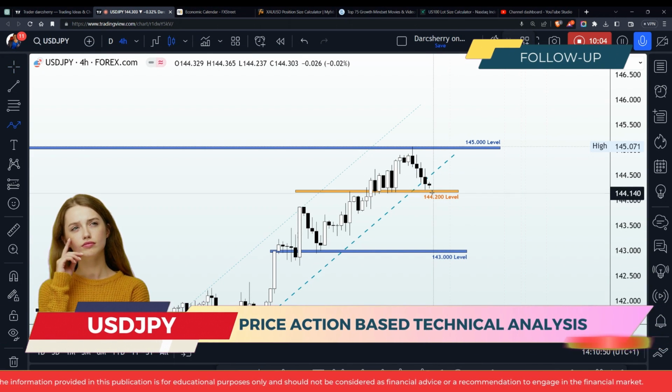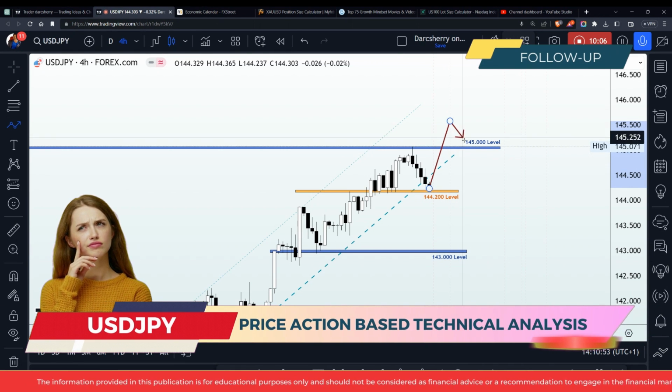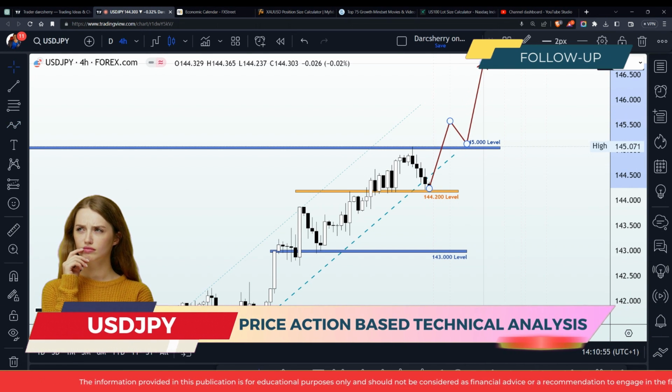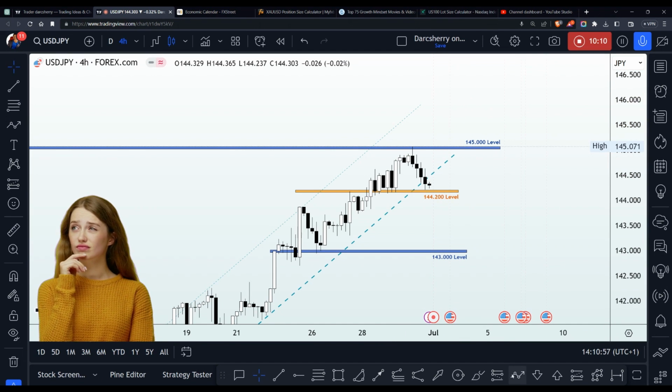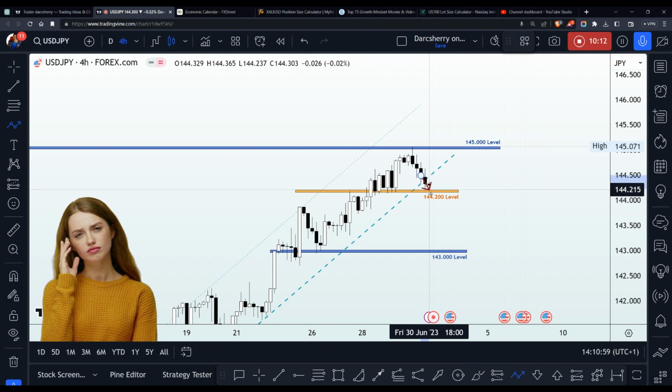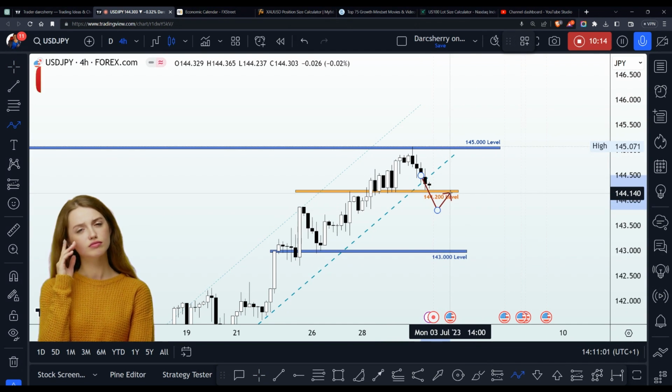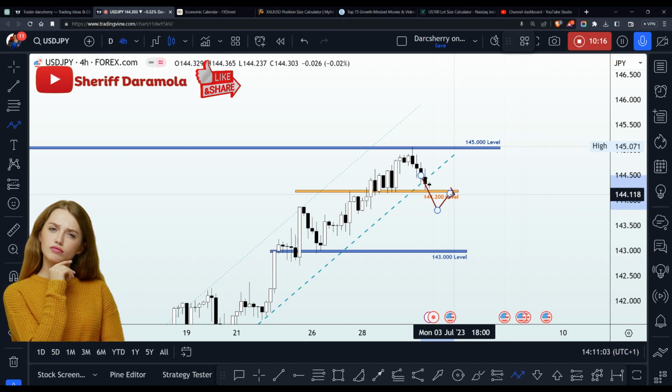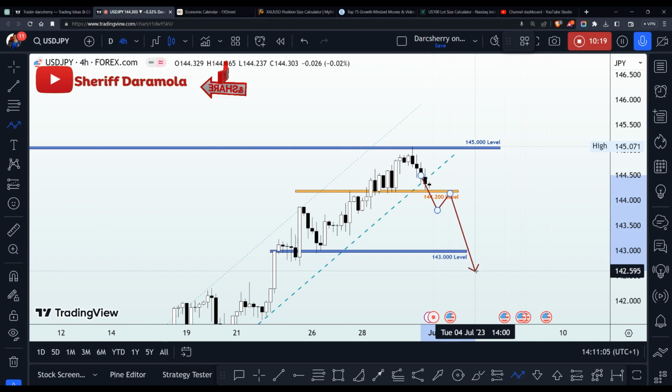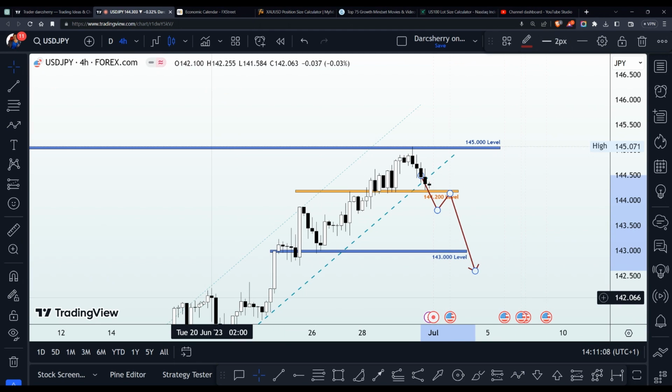So are we going to be buying? That is a breakout of the 145.00 level to join a trend continuation to the upside. Or are we going to be having the significant breakdown of the trend line, setting pressure below the key level at the 144.200 to incite a sell-off in this market? So that we shall be knowing at the beginning of the week.